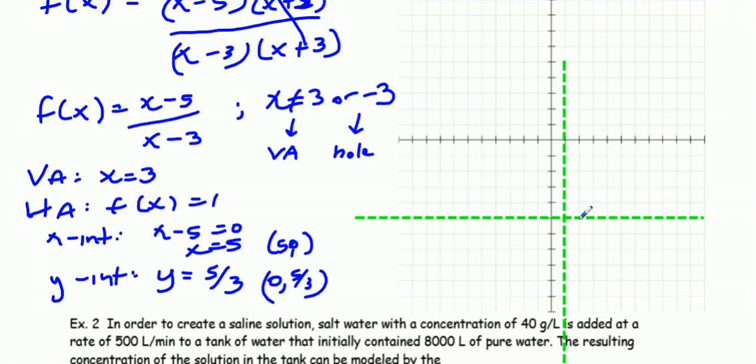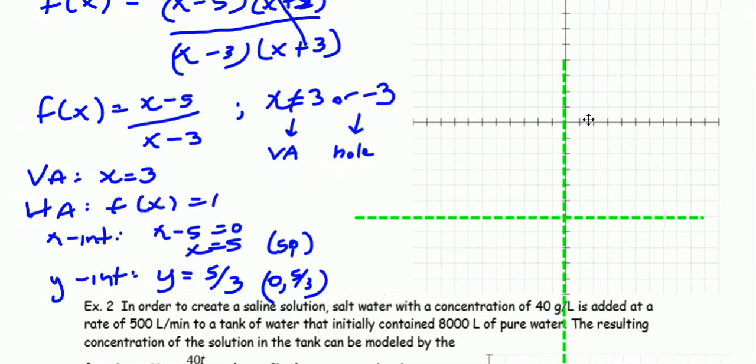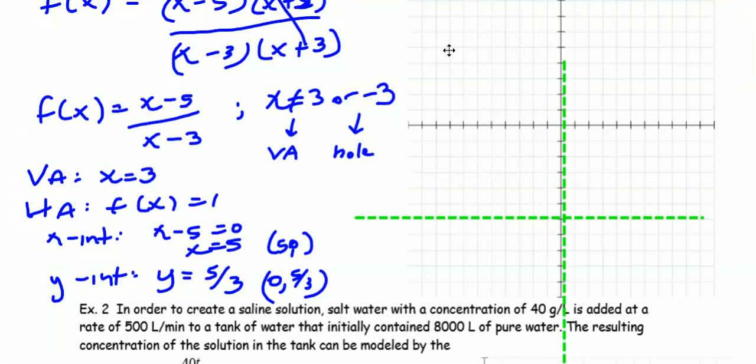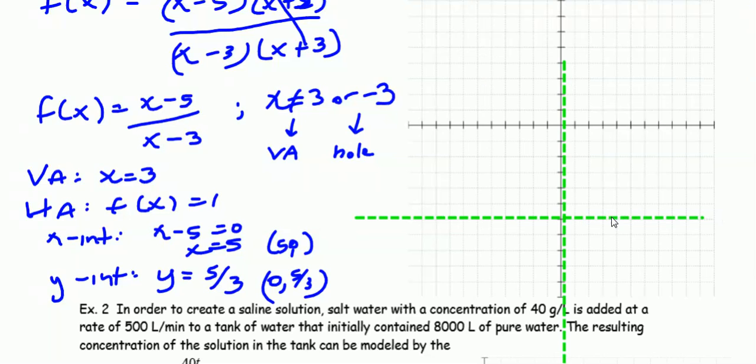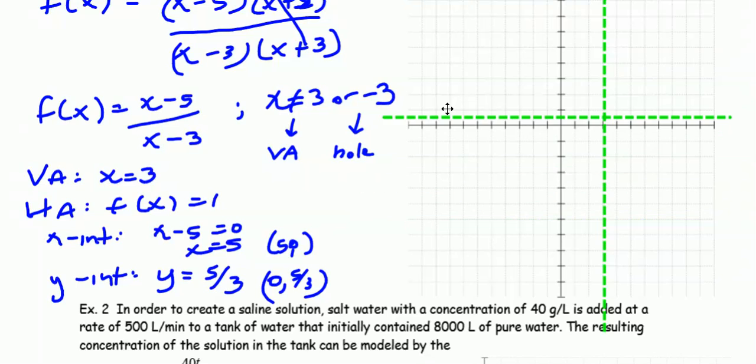Okay, so I've got my asymptotes all ready to go here, so that's x equals 3. So let me just change to a cursor here. We're going to move this to x equals 3, and we're going to move this to y equals 1.